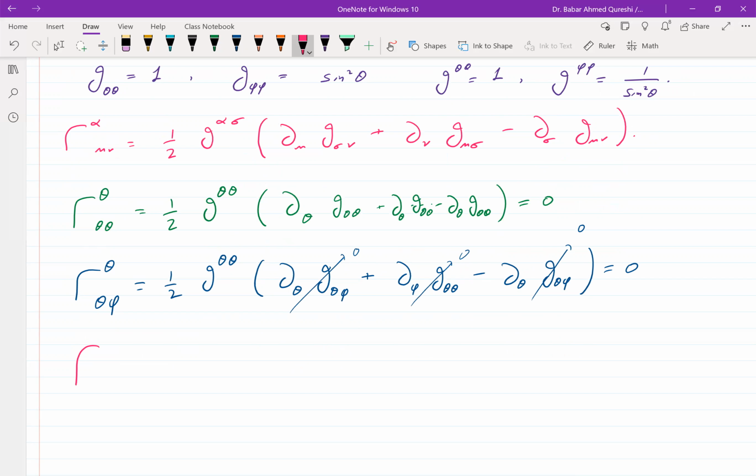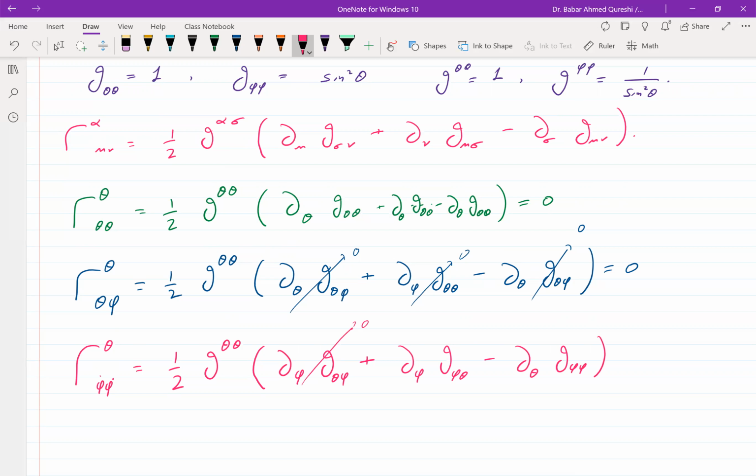And then I have gamma theta phi phi, so it's half g theta theta, d phi, one from the summation and one from this index, plus again d phi, same thing. Then minus d theta, the summation index comes here, and g phi phi.